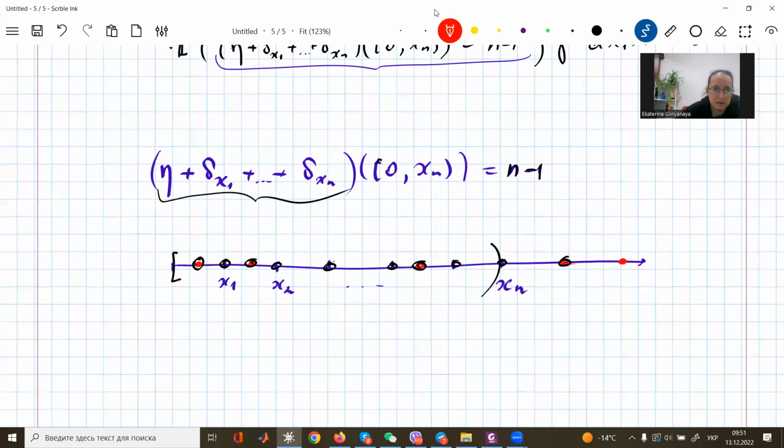So I have here red points of the Poisson point process and blue points of the added x's. So I have two types. If I know that I have here exactly n minus 1, then we have blue points, they are exactly 1, 2, 3, and so on, n minus 1. So this means that in these intervals I have no red points.